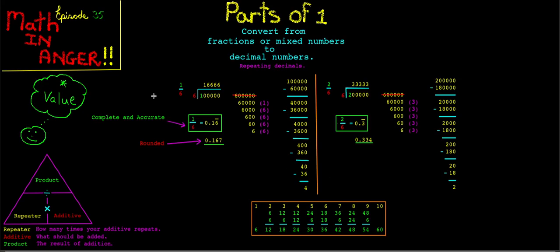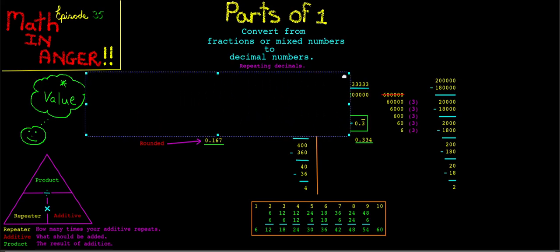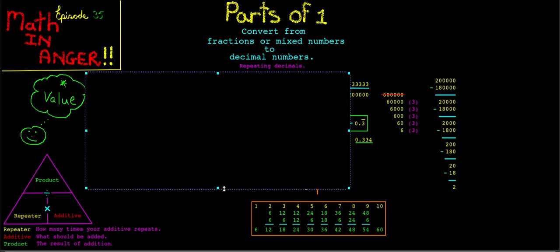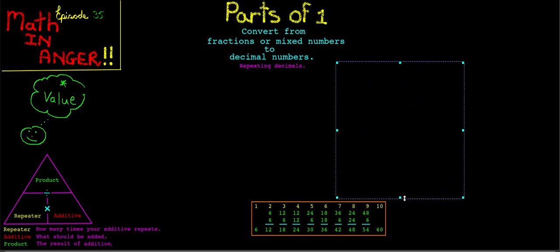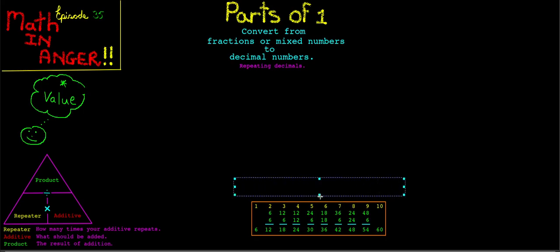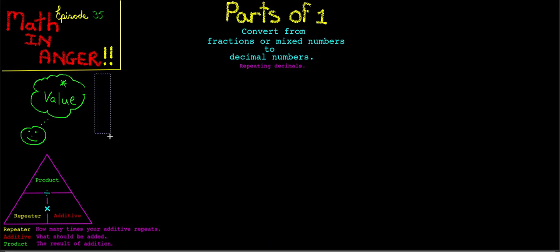But in order to explain that, let me fetch another example. I need to clean up some space here because I am going to need quite a bit of space to show you what I'd like to show you. And while I'm doing this, I'd like you guys to whip out your calculators and ask your calculator, what is 1/7? In other words, what is 1 divided by 7?